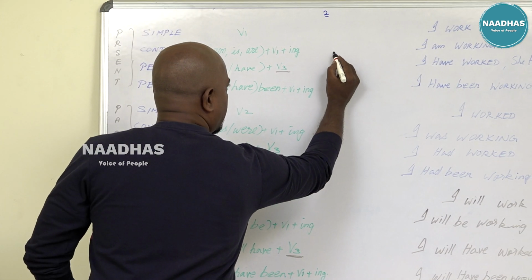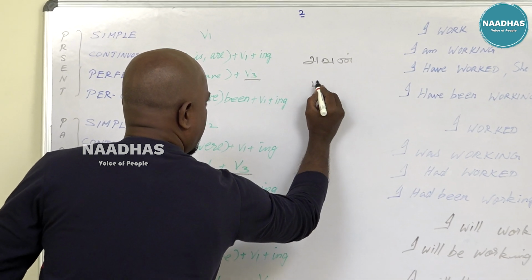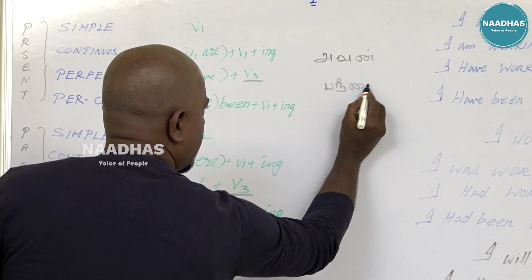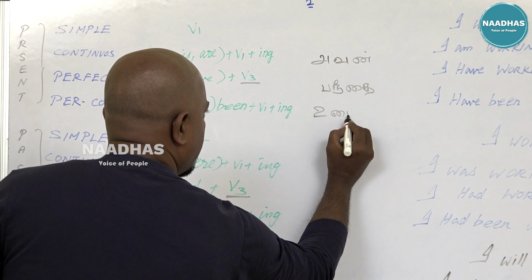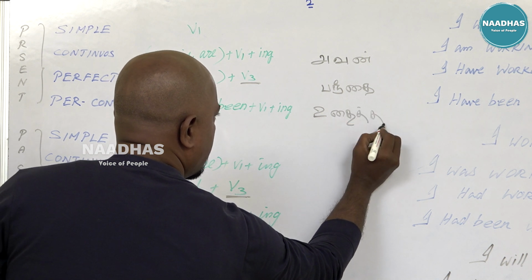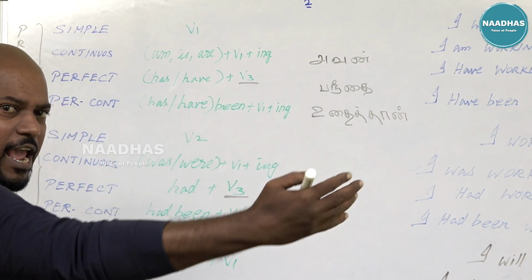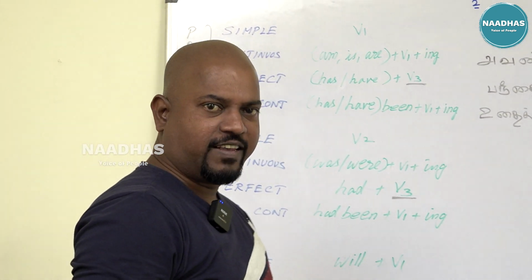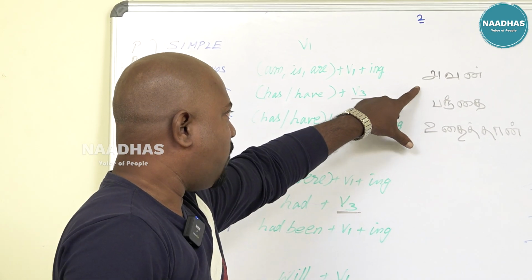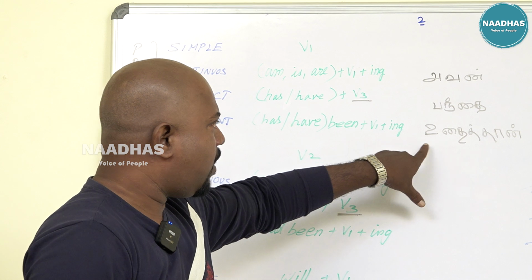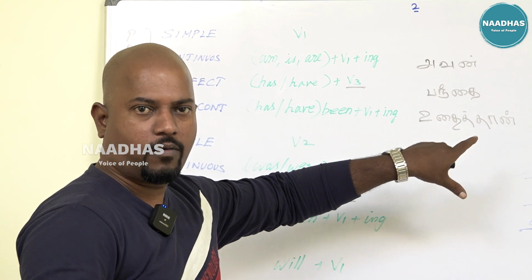So, avan pandai udaitan. The subject is avan or any name, Tony or Messi, the football player you know, Lionel Messi. So, avan pandai udaitan. Here, udaitan is the verb. He hits the ball, right?